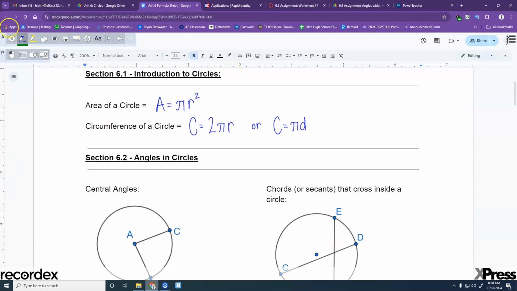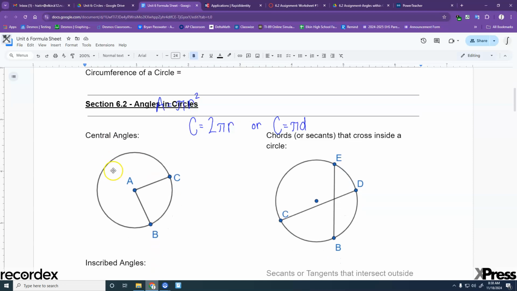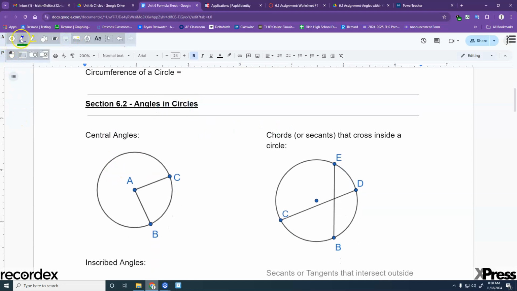Okay, and then the only other one we got to yesterday was central angles. What I'm going to do is write this in symbols, but I'm also going to do an example on my picture here, because I think sometimes students do better with an example in front of them. So, central angles, we just learned that the central angle equals the measure of the arc.